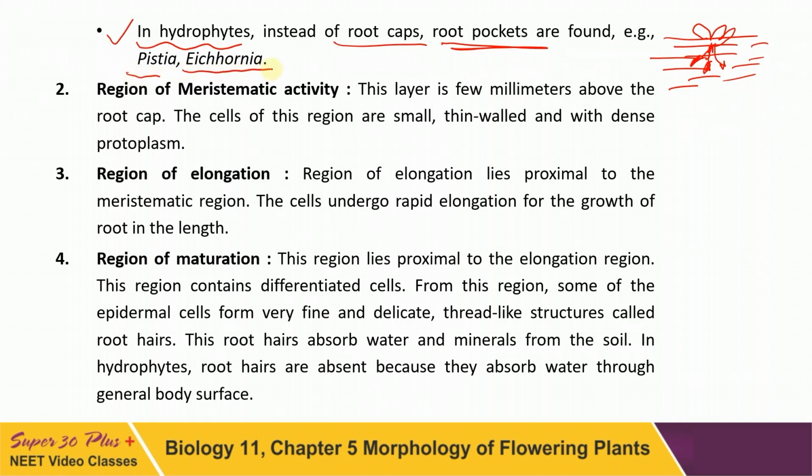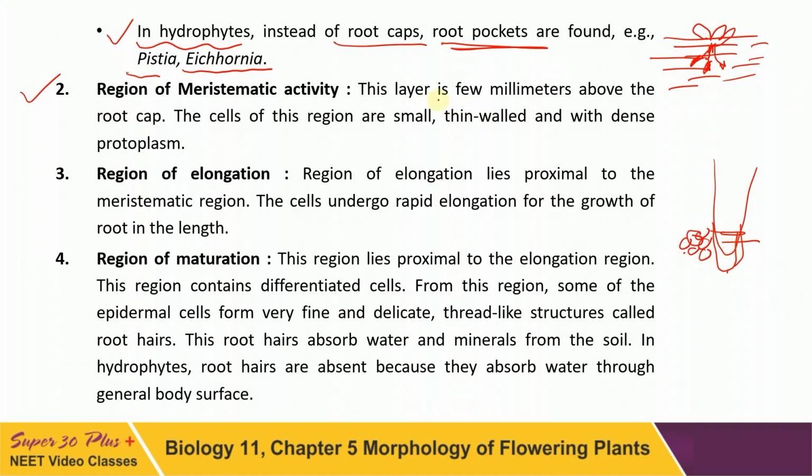Come to the second region now, that is the region of meristematic activity. This was the root cap here, and just behind this root cap there is the root apex. This is the region where the cells are meristematic. These have the capacity of division, and because of this the length of the root will increase.